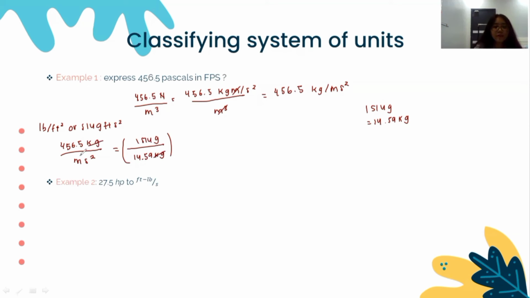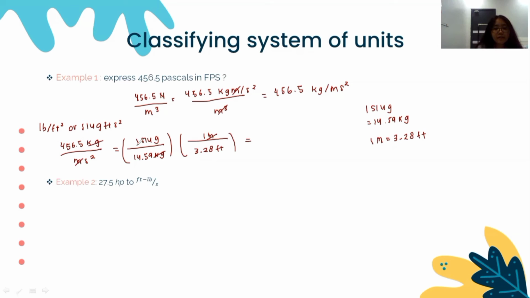Now we're going to convert meter to feet. 1 meter is equal to 3.28 feet. So we're going to put 1 meter above and 3.28 feet below. Cancel the meter out and multiply the rest.